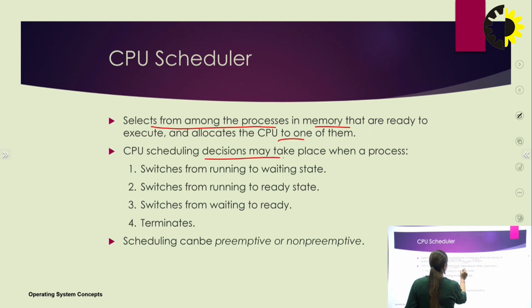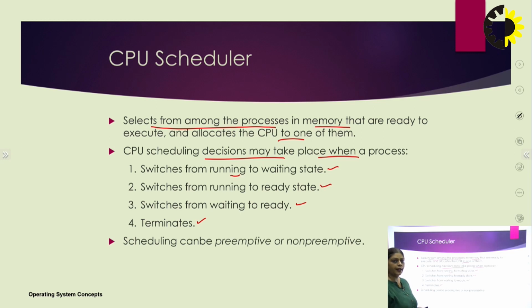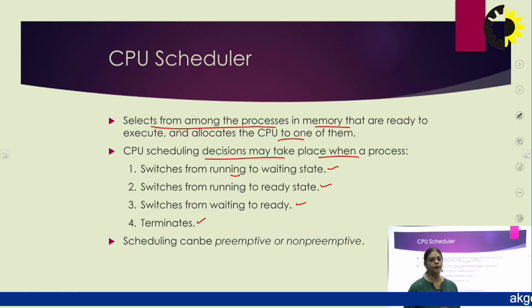CPU scheduling decisions may take place when a process switches from running to waiting state, switches from running to ready state, switches from waiting to ready state, and when it terminates. Schedules can be preemptive and non-preemptive. Now, when are decisions to be taken about which process will take the CPU?